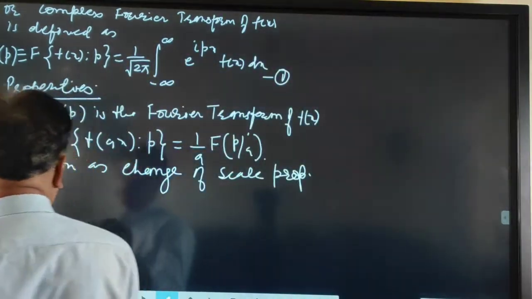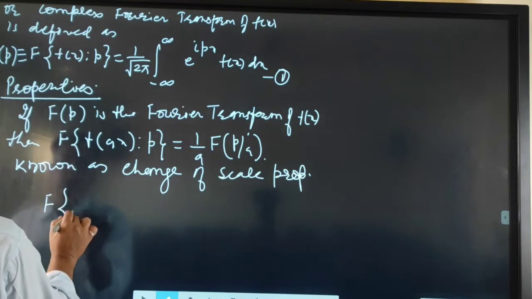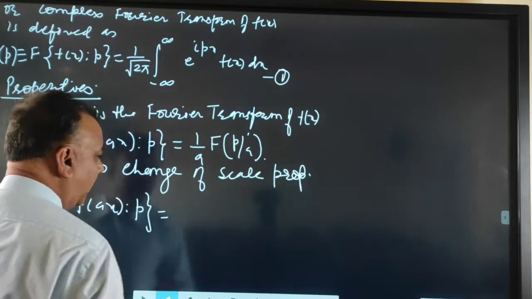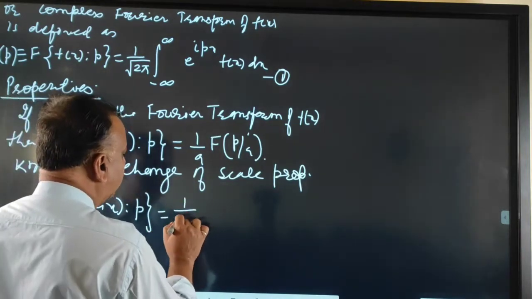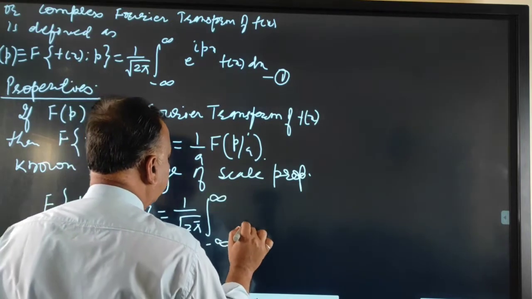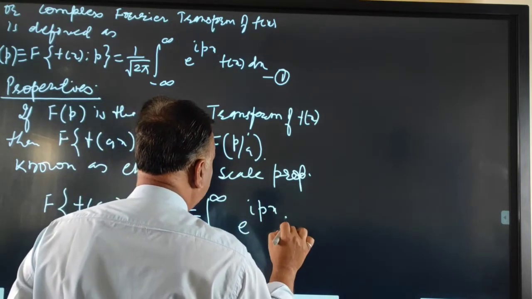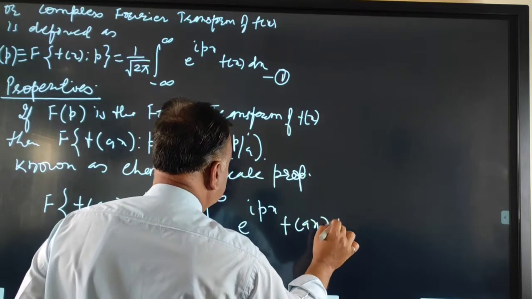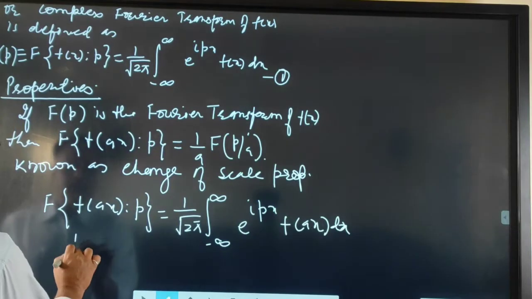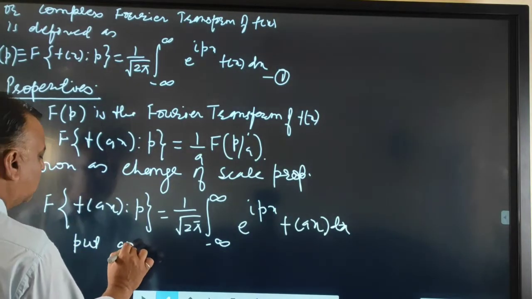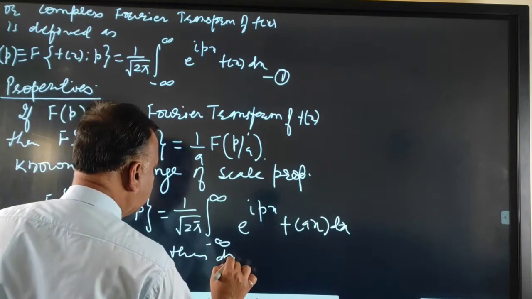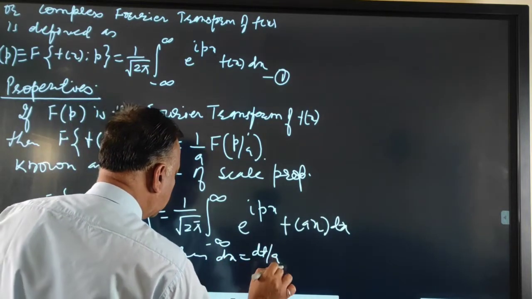So the Fourier transformation of f(ax) with respect to p is, by the definition, equal to 1 upon root 2 pi integral minus infinity to infinity e raised to iota px f(ax) dx. Now if you put ax equal to t, then dx is equal to dt upon a.